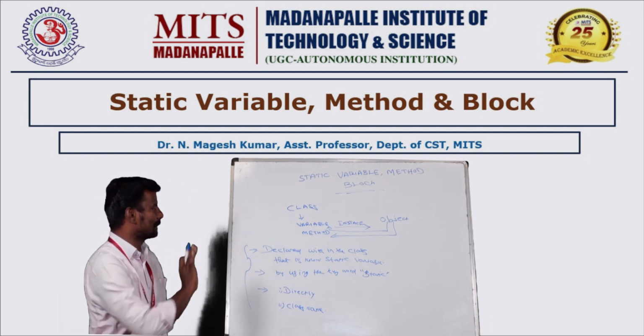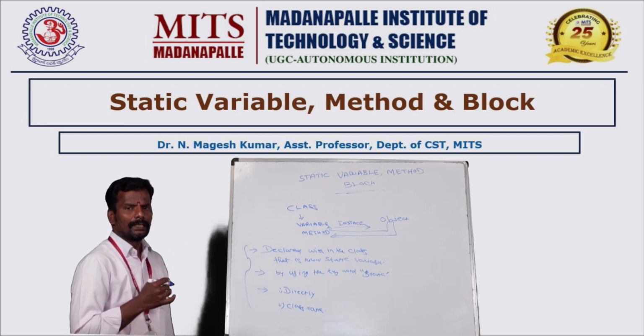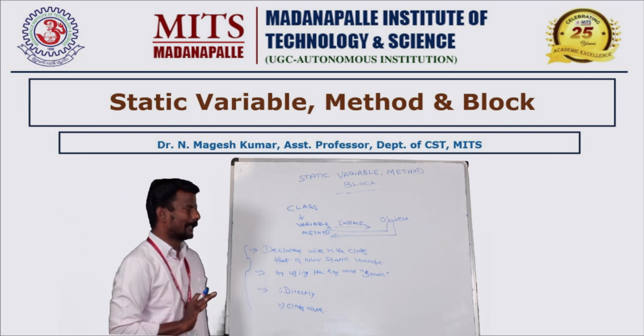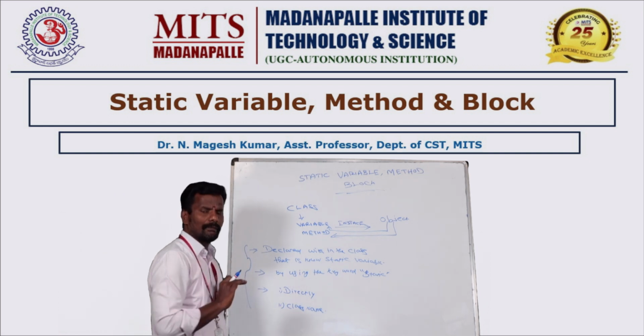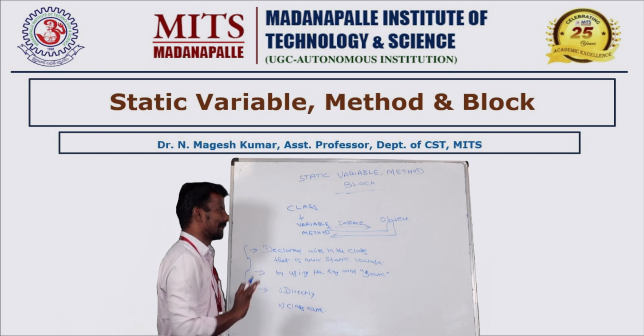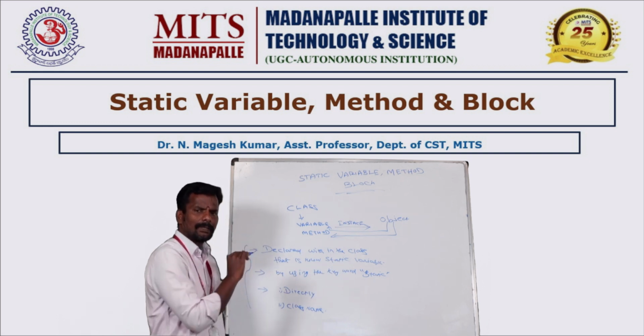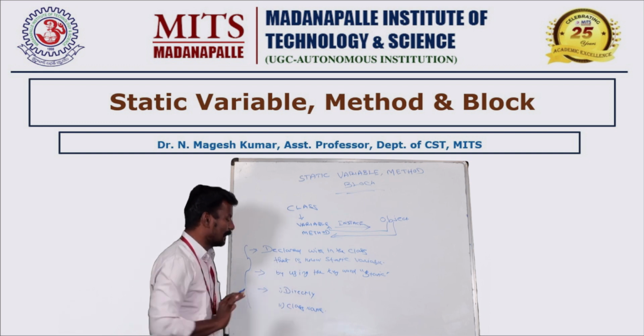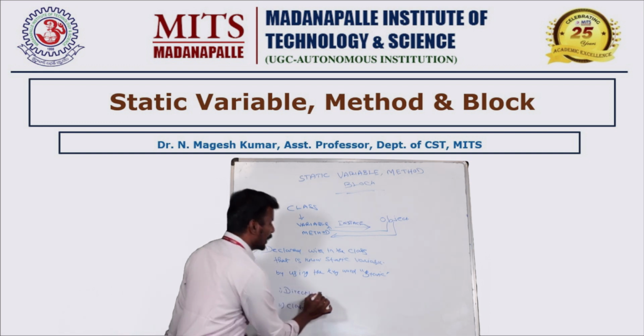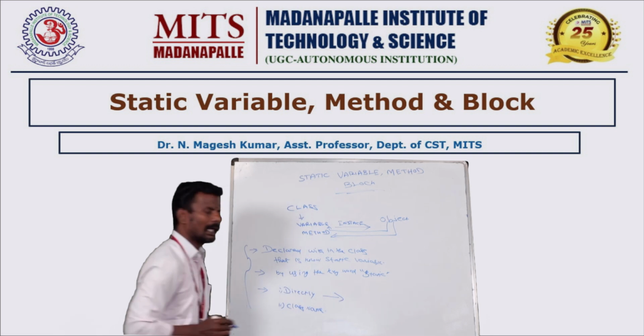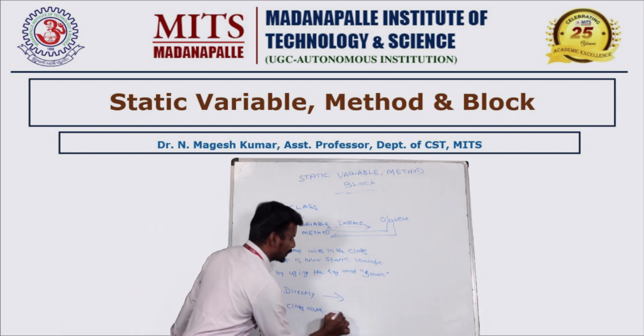So a static variable is any variable declared within the class, and when you declare a variable by using the static keyword, that is known as a static variable. And static variables can be accessed either directly or by class name. When do we use directly, and when do we use the class name?